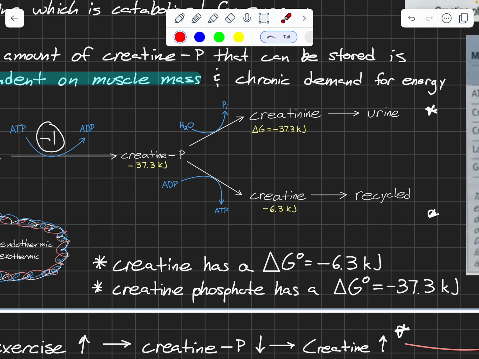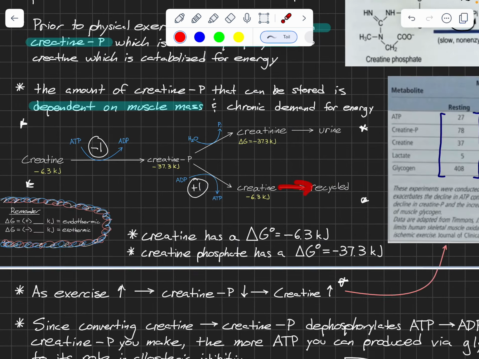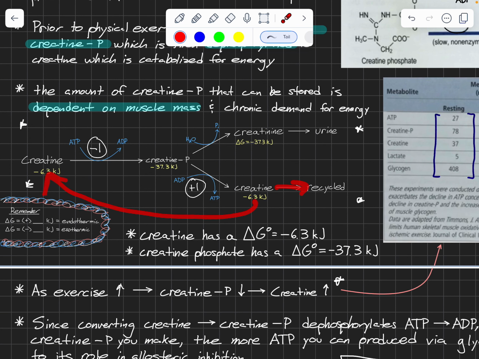He's being active. We need to help out, give some ATP. So we're going to have an ADP come up here and bind with this. Creatine P reacts with ADP here, and we produce an ATP. So right here, we are +1. Then we get creatine again, and this creatine is going to go back and be recycled. It's just going to come back up here and go through this whole process again of getting to the storage form of creatine P.